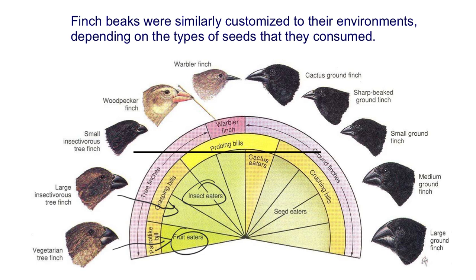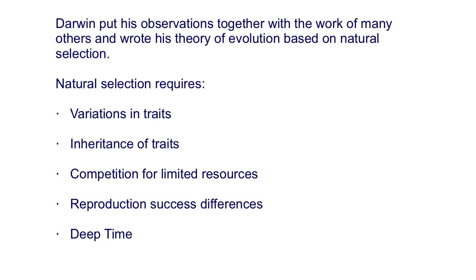And he wrote about it in his book, The Origin of Species, which was like a long explanation of evidence for macroevolution. So these are points that I just mentioned.